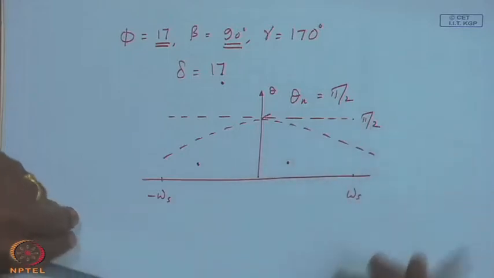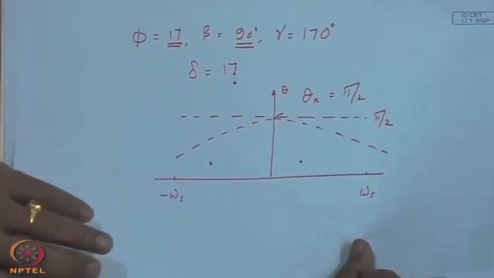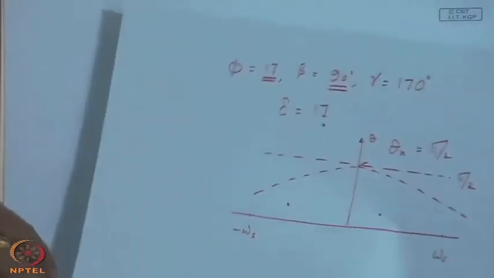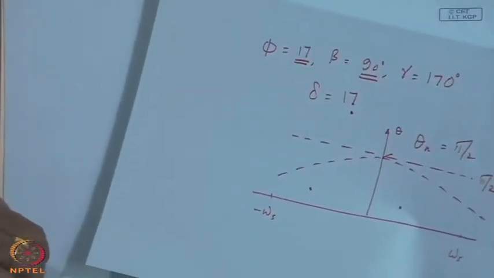In other words, if you look at it, theta noon is pi by 2, but you are receiving the solar radiation during this period and this period. Theta is less than pi by 2 except around the noon time.